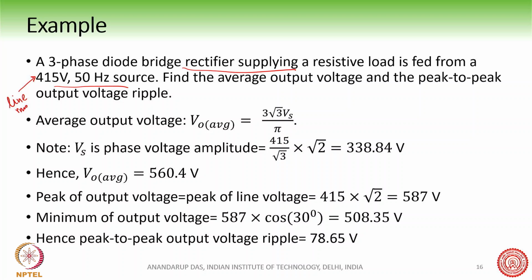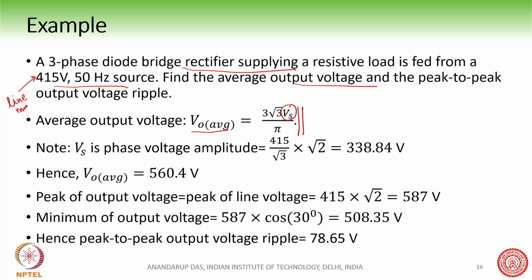When nothing is specified, it always means a line voltage. Find the average output voltage and the peak-to-peak output voltage ripple. What is the average output voltage? As we have already seen, 3 root 3 Vs by pi. But note here that this Vs is the phase voltage amplitude, it is per phase.